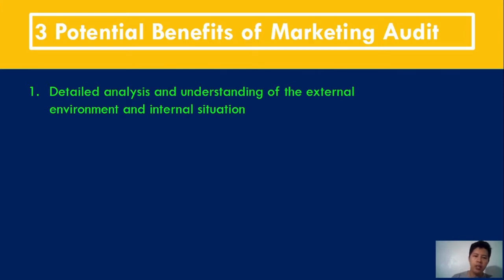Number 1, we will be able to get hold of a detailed analysis and understanding of the external environment and the internal situation. What is happening in the external environment? Let's say, for example, the political status of the vicinity and the territorial jurisdiction to which your company belongs.